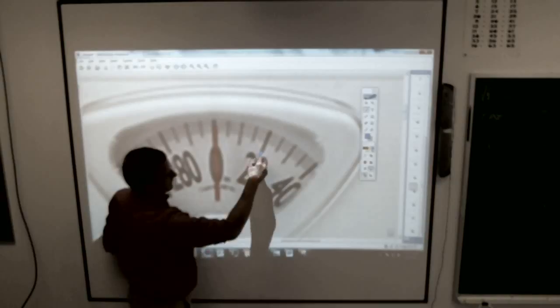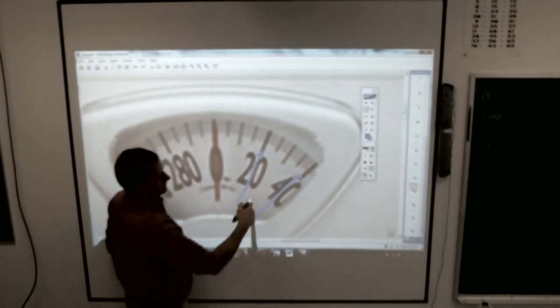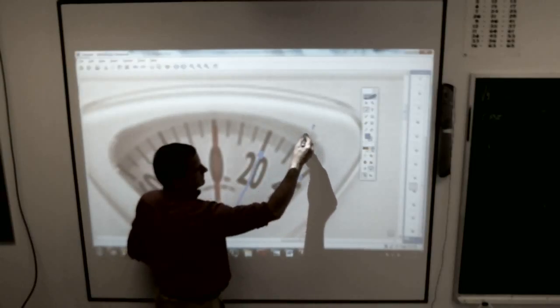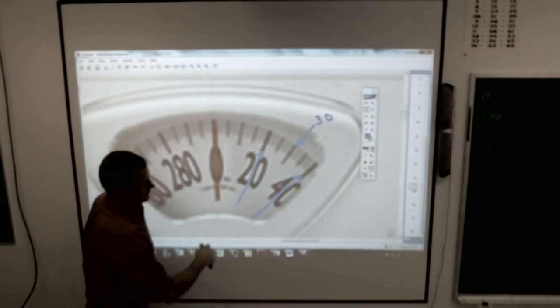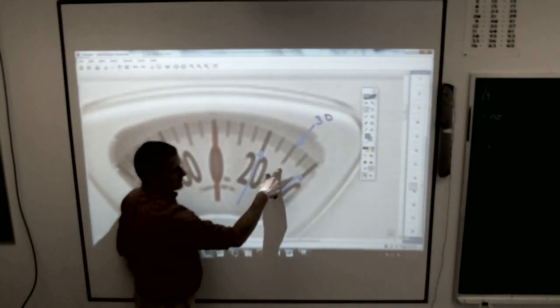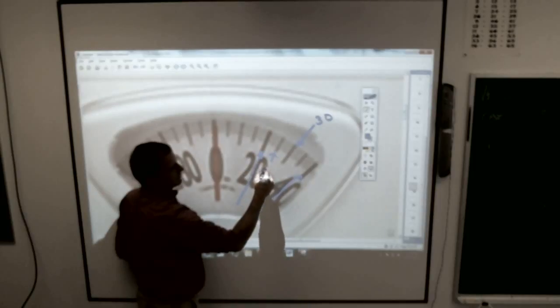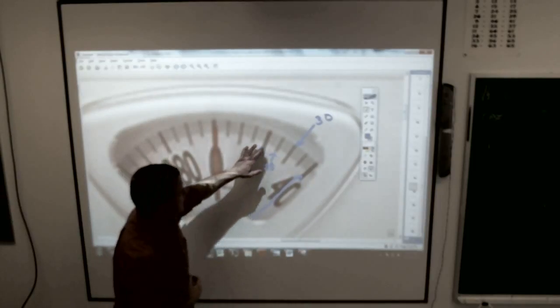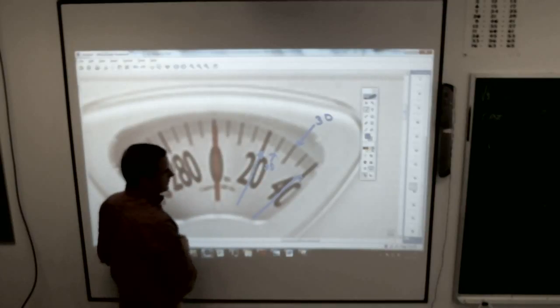If this is 20 right there, right? This is 40 right here. That tells us this line must be 30, even though it doesn't say it must be 30. And if that line's 30, halfway between 20 and 30, this line would have to be 25. And I'm guessing there's enough little spaces in there to be 1 pound each. I don't know. My picture wasn't really clear there.